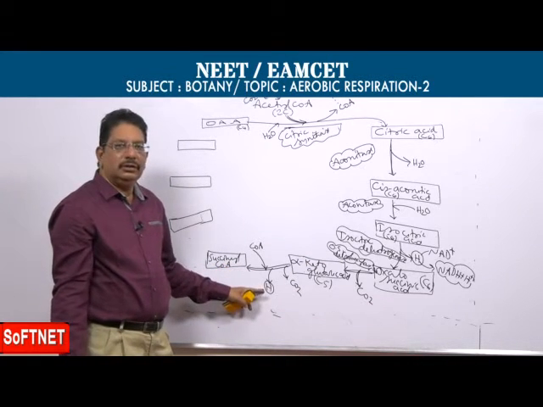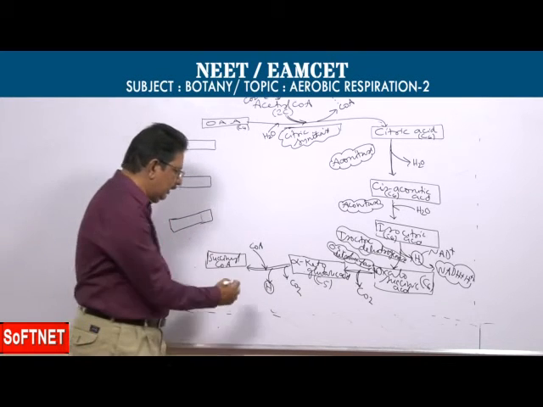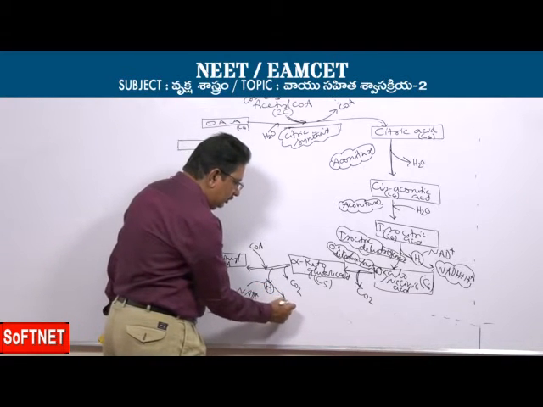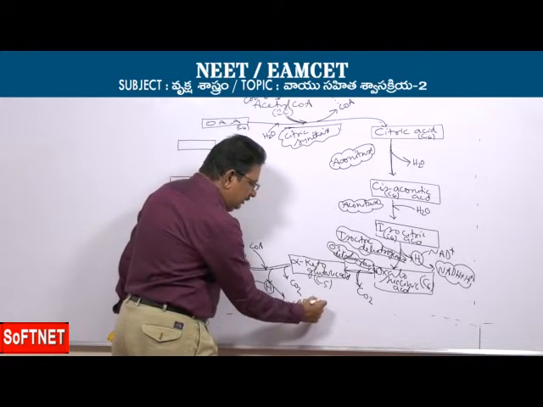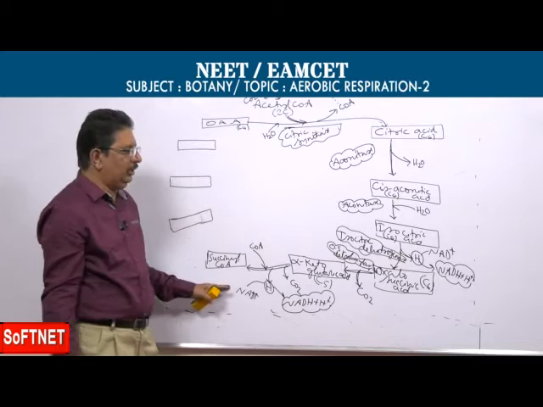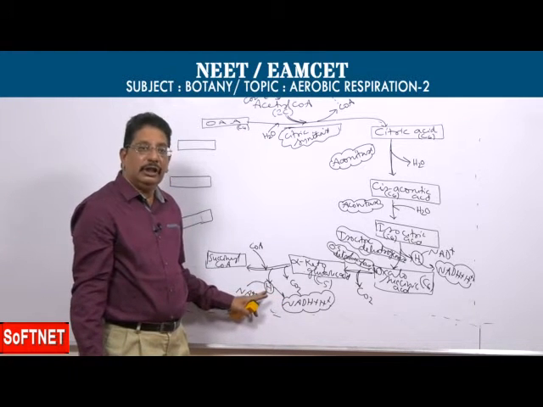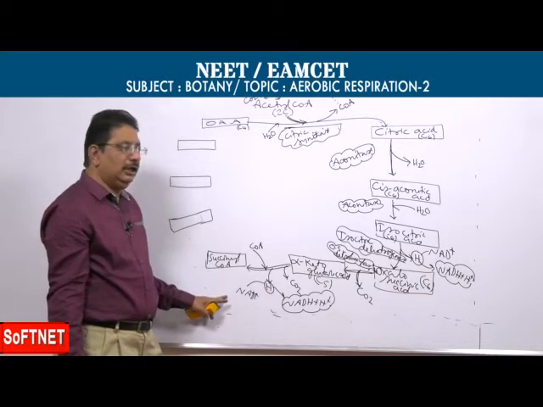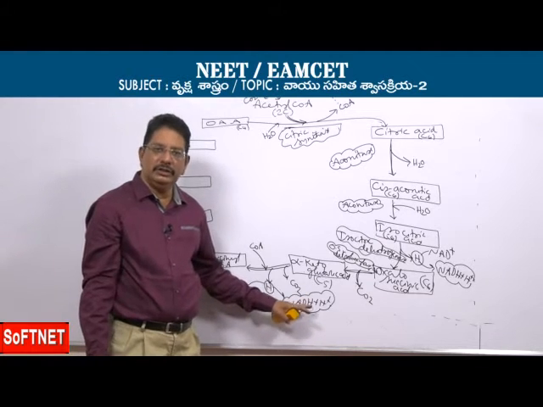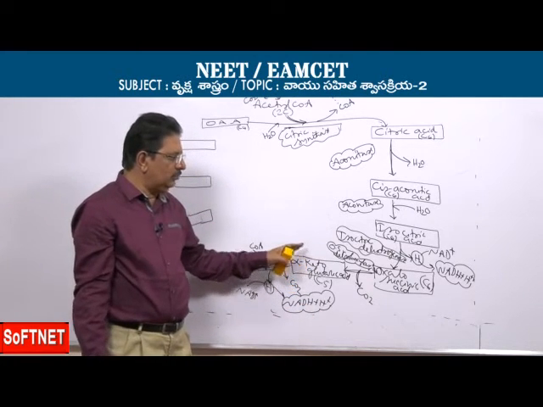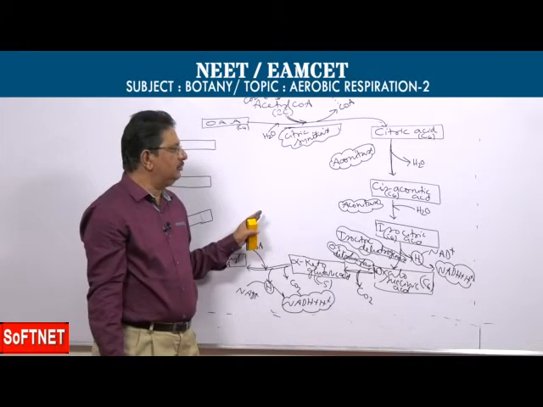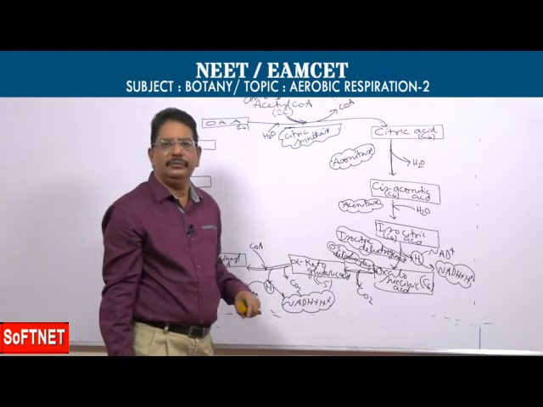So, these hydrogen atoms are taken by again NAD pluses, which are reduced into NADH plus H plus. So, once again during the aerobic respiration there is a hydrogen liberation accepted by a hydrogen acceptor NAD plus, which forms NADH plus H plus. So, notice one thing, we are discussing a process which is mainly meant for production of ATP.